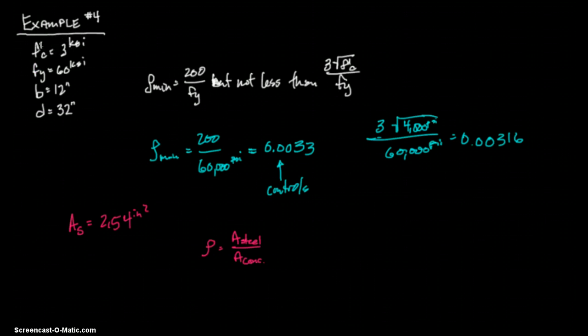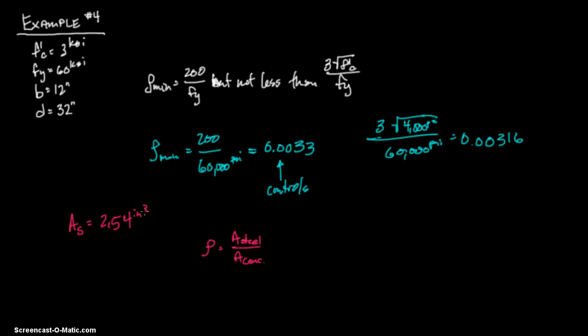But in the ACI code they denote those differently. The yield strength of the concrete is 3 KSI, and the yield strength of the reinforcing steel is denoted as F sub Y, 60 KSI. Alright, anyways, moving on. I think I was getting a little confusing there.